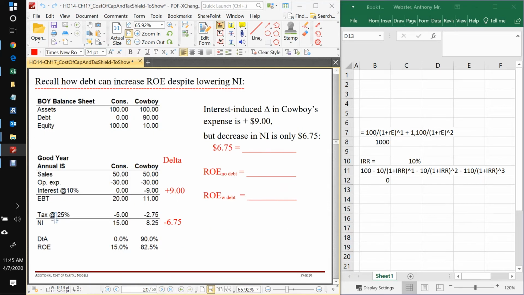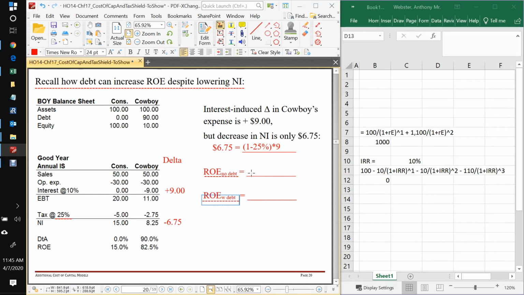So we need to know what our tax rate is here. So it's 25%, okay? So the 6.75 is equal to 1 minus 25% times our interest expense, which is 9. And you should double check me on that, but again, I think you're going to see it works out just fine. And remember, very important about this was that this leverage had a huge effect on ROE, right?